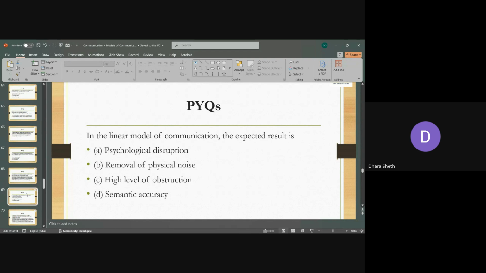Next, in the linear model of communication, what's the expected result? Psychological disruption, removal of physical noise, high level of obstruction, semantic accuracy. Oh, someone said D. What about others?